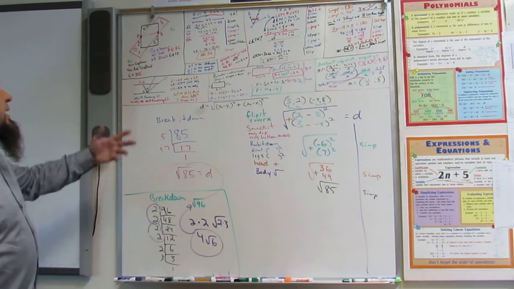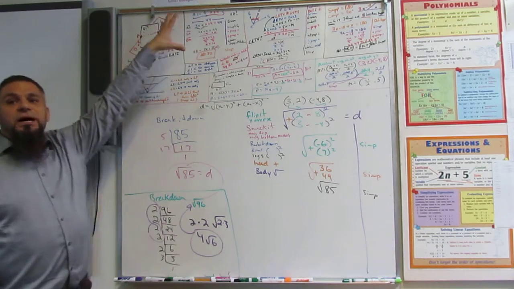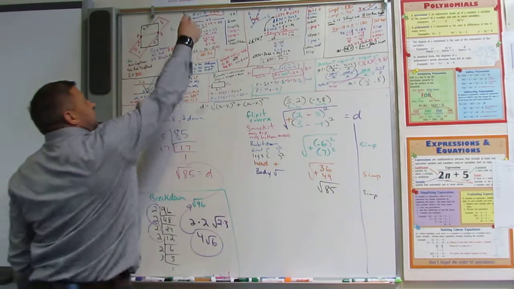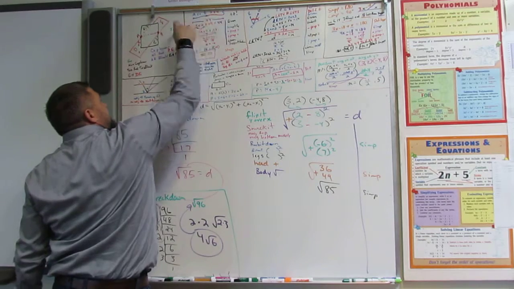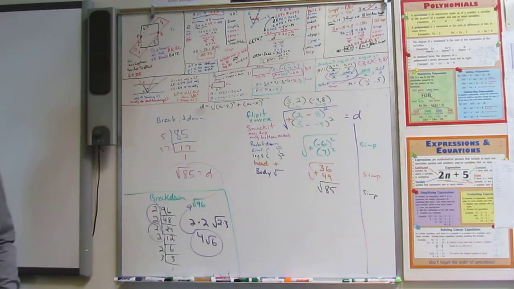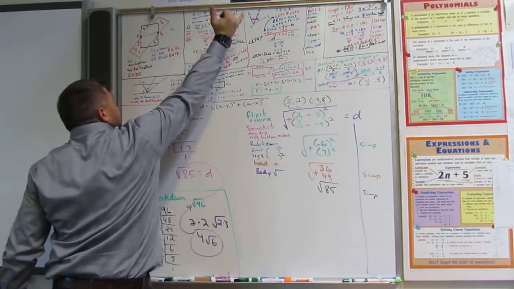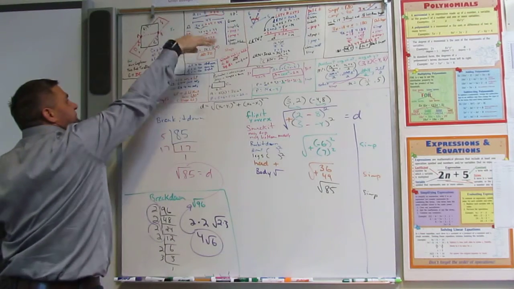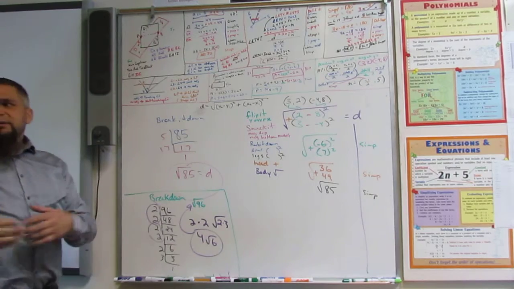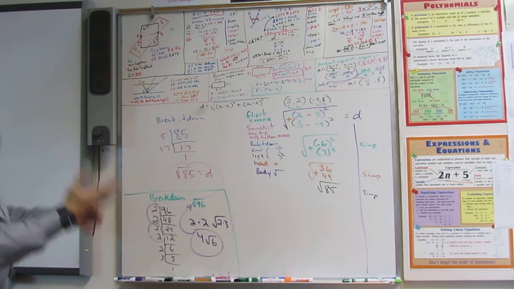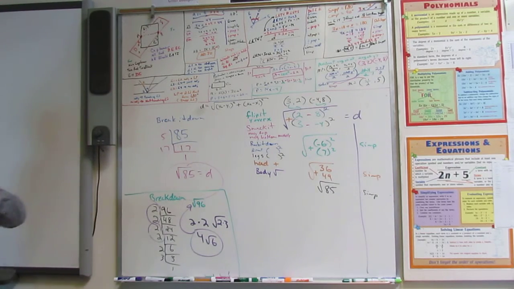Next, the segment addition postulate. We're going to add these two, and they add up to be the whole. When we do that, we show the given. We then simplify by adding the like terms, and start solving the equation.